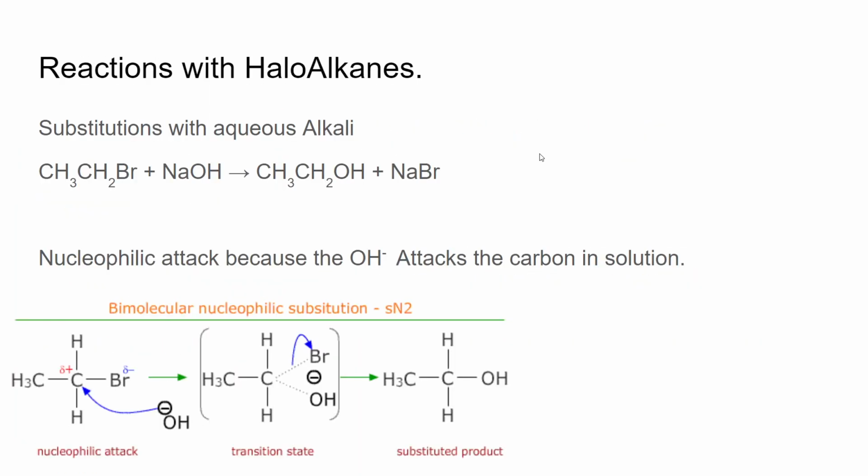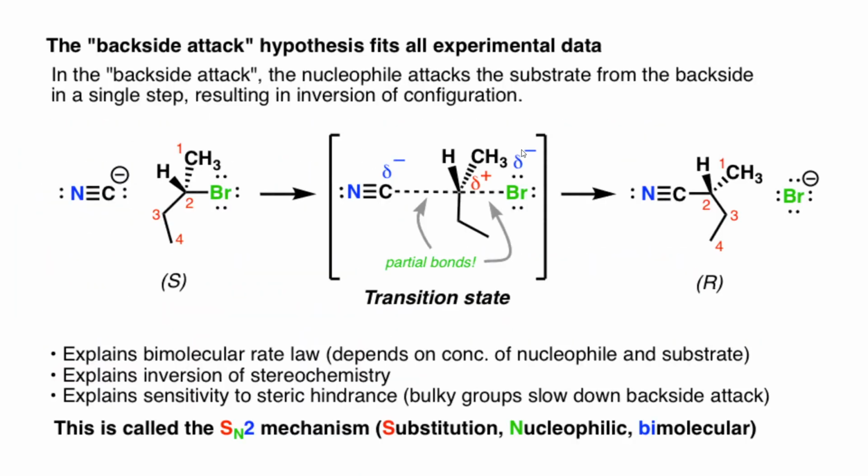Namely that we have a backside attack of the nucleophile, and that it causes the electrons to be pushed towards the bromine even further, and we get this temporary partial bond state, and then the electrons in the bond that's originally with our halogen completely move over to the halogen and make a halogen ion.